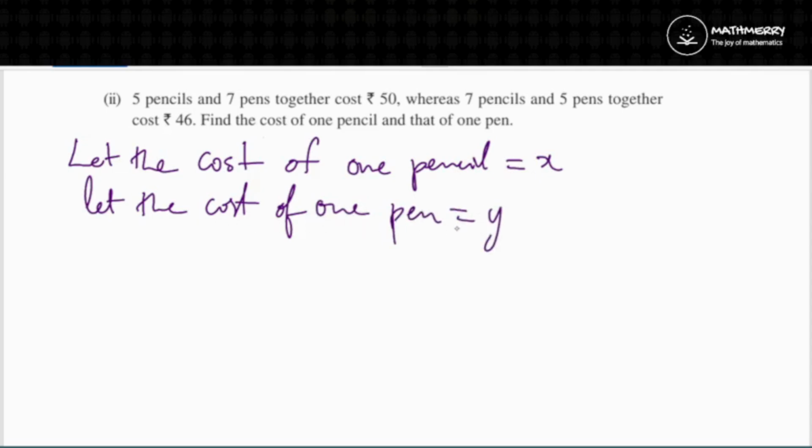So it's x rupees and y rupees, and according to the conditions given in the question, 5 pencils and 7 pens together cost rupees 50. So we can write it as 5x plus 7y is equal to 50.